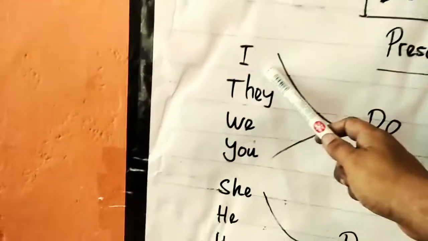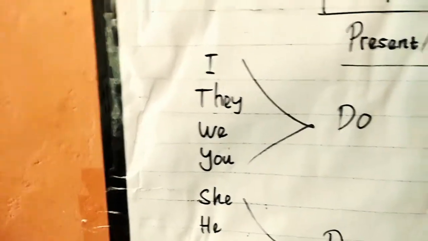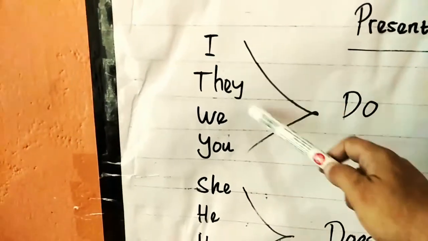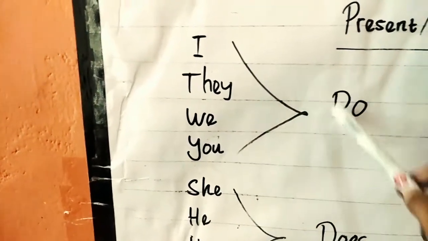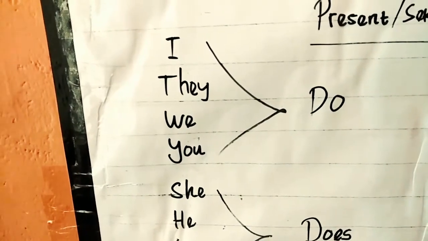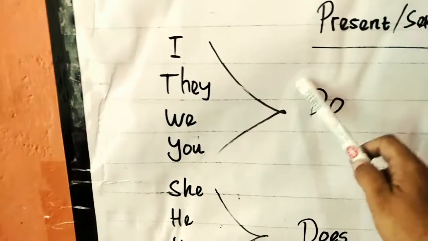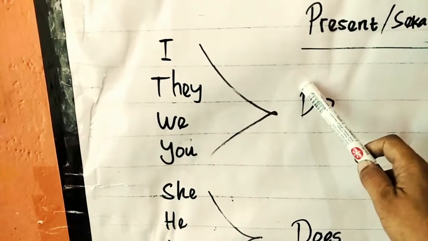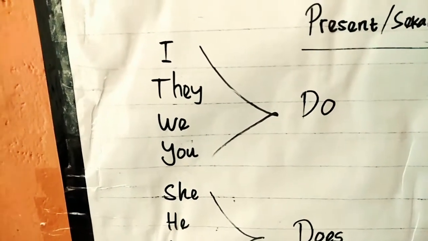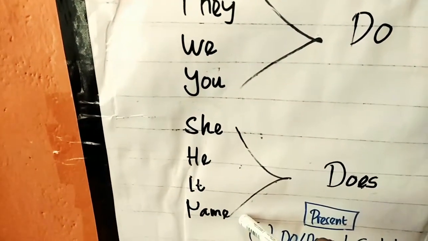Here we can see I, they, we, you, she, he, it, name. I, they, we, you use do, not does. Okay, we should remember this one. I, they, we, you have to use do, not does.